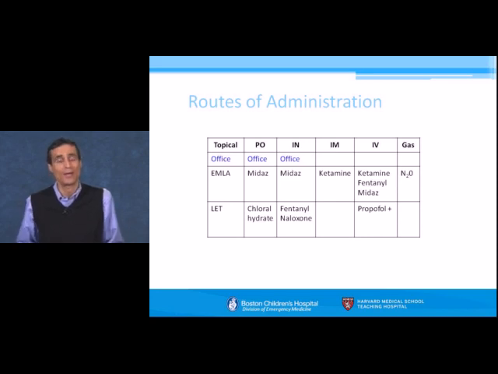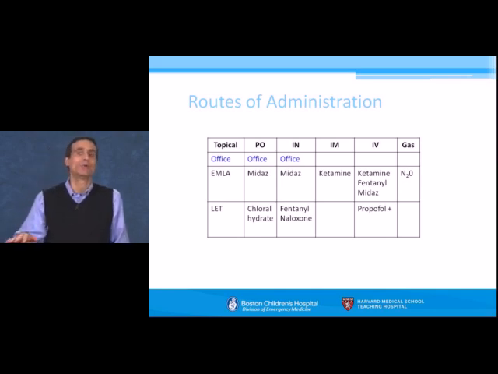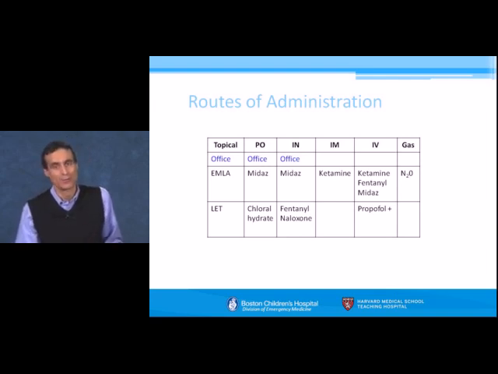There are two ways, I think, to really apply the LET. One is if you need to move effectively and see other patients while the LET is taking effect in 20, 30 minutes: you can impregnate a cotton ball with the LET, apply that to the laceration, put Tegaderm or a Band-Aid or a piece of tape over it, send the child out to the waiting room, and after 30 minutes, bring them back in for the laceration repair.